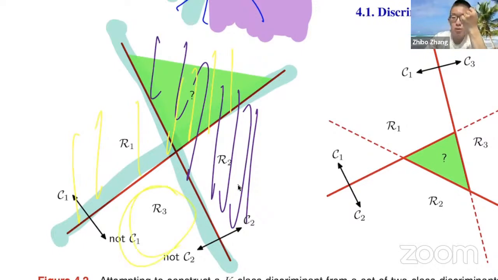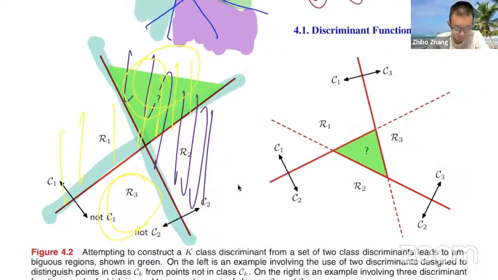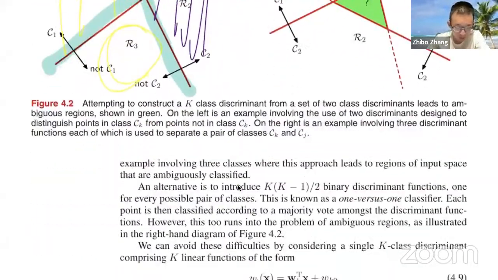This part looks fine, because it's not C1 and not C2, maybe C3, C4, C5, whatever, we don't care. But the worst part is this green region. It's both C1 and C2. Now we are not choosing one from the list of categories, so this becomes ambiguous and causes conflict.